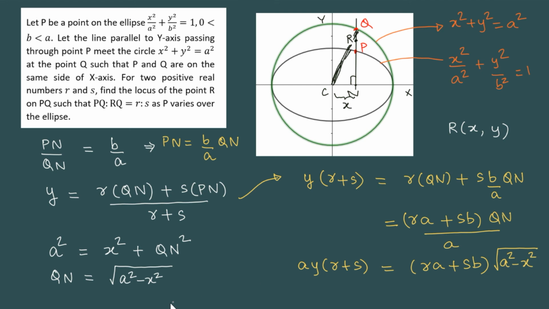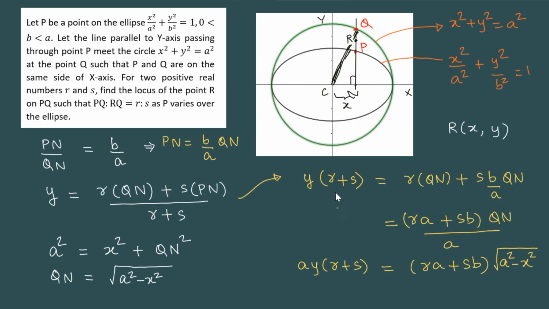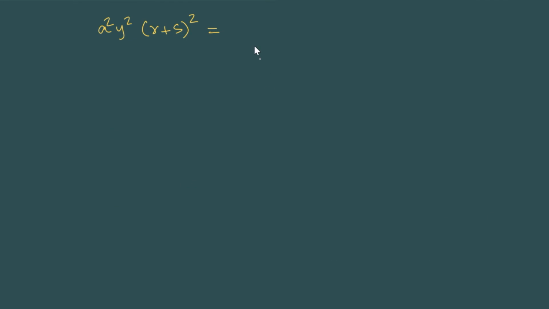So we have an equation in terms of x and y, but if you closely observe it, if you square it, it is going to be another ellipse. So let us square and see what happens. On the left hand side I have a square y square into R plus S whole square, and on the right hand side I have Ra plus Sb whole square multiplied by a square minus x square.